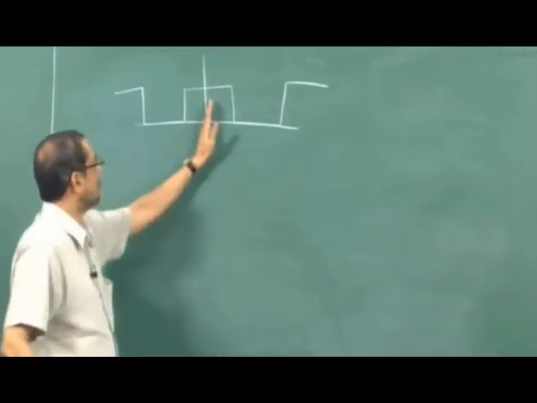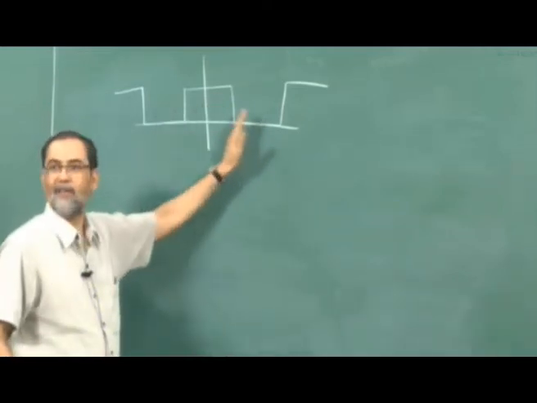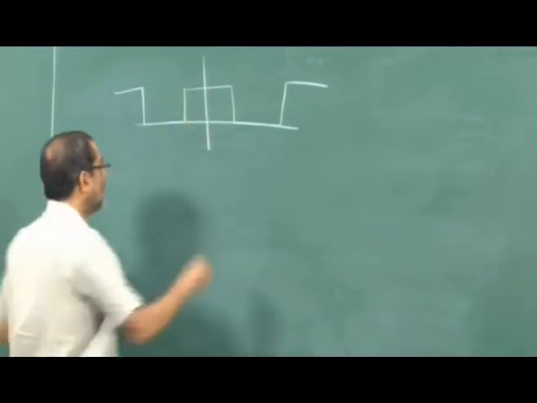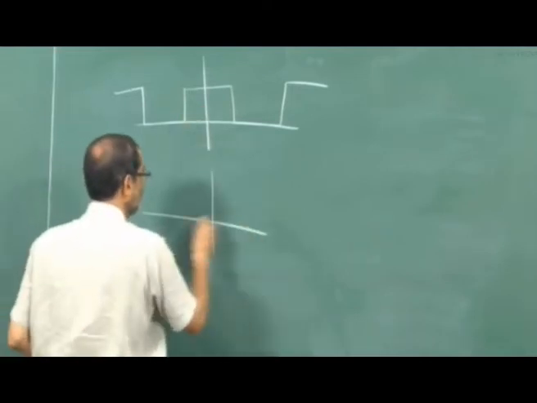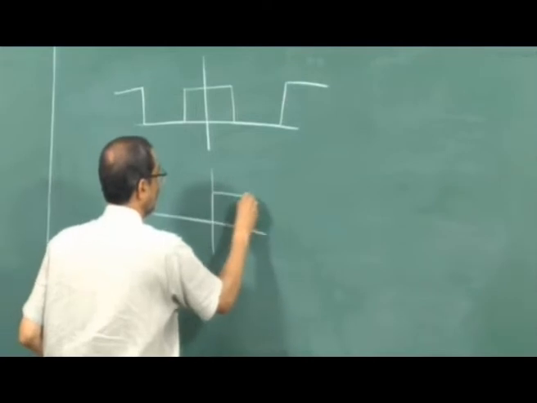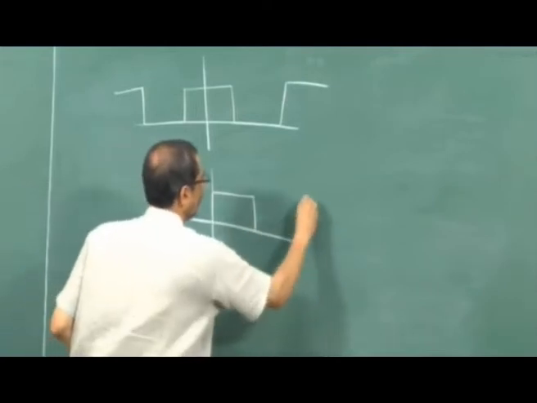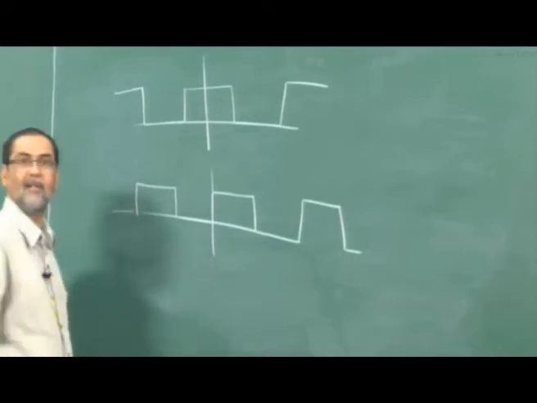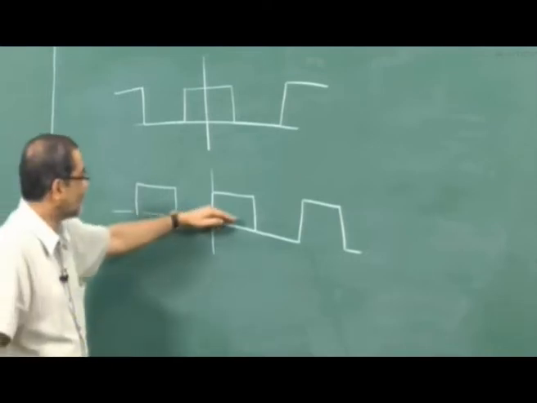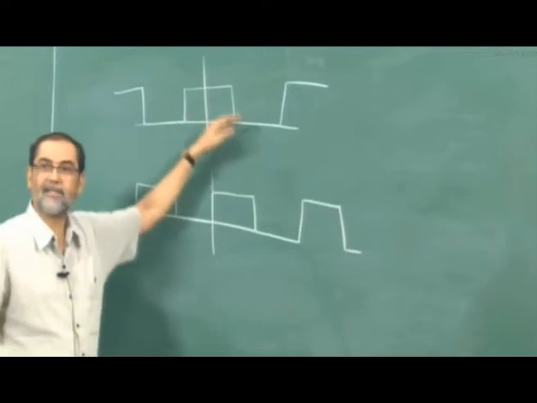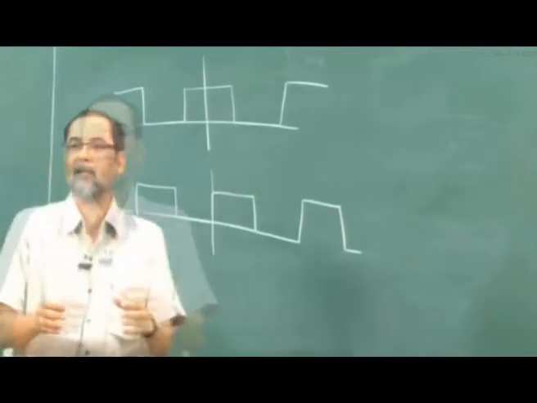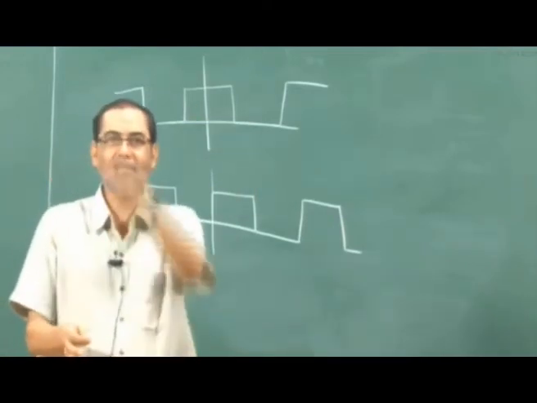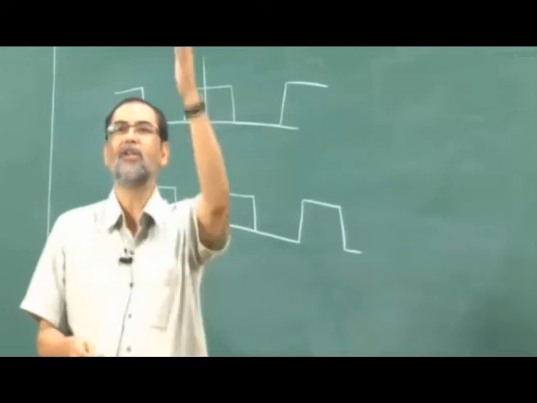Nothing prevents me from moving the origin to the left or to the right. I can make it look like this. Right, like this. So this signal and this signal are identical in every respect except for the origin.